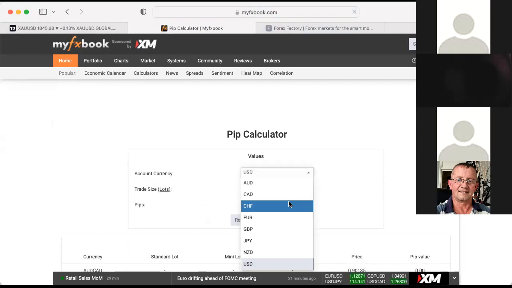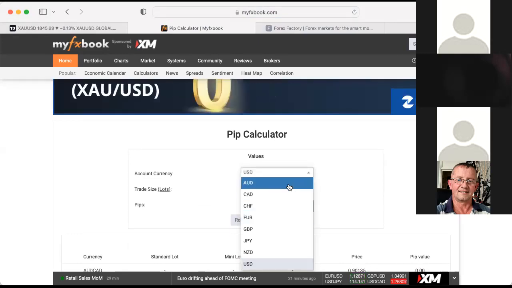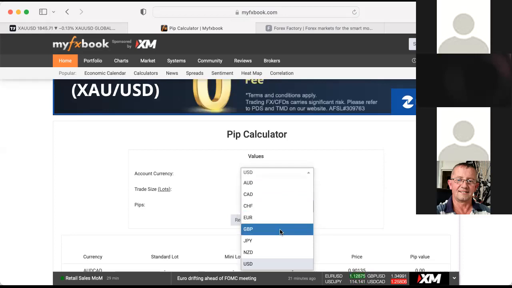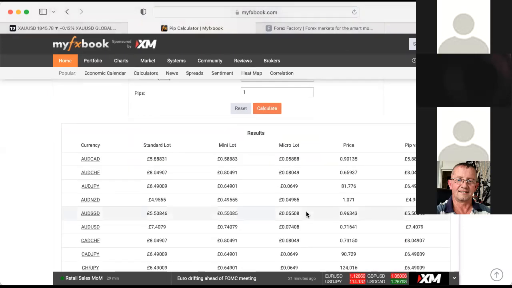I was trying to find out how much a pip was worth when you were trading gold. So I trade in British pounds, and my lot size is, for instance, 1, and I ask it to calculate that.